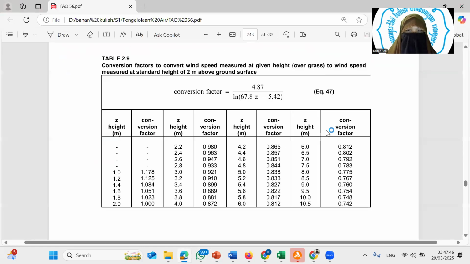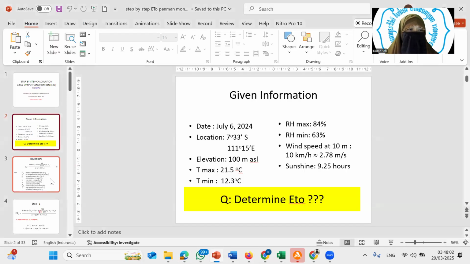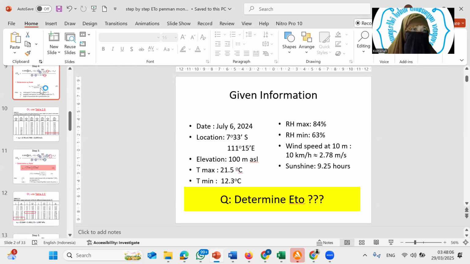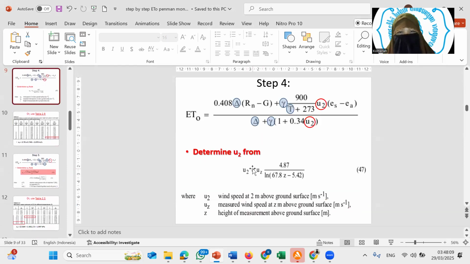So from the handbook, we check the Z. The Z is the height of the wind speed measurement. So this is at 10 meters, so the conversion factor is 0.748. Okay, so using this formula, U2, the wind speed at 2 meters, is UZ, the wind speed at 10 meters, times the conversion factor.